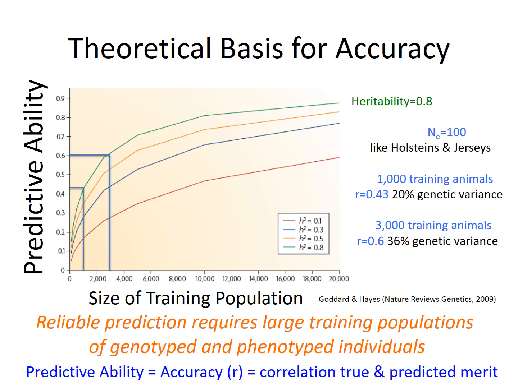The theoretical basis for accuracy using this methodology has been developed, and one of the early papers doing that by Mike Goddard and Ben Hayes, published in 2009, showed how many individuals we needed in what they called the training population. So that's how many individuals they needed when they did the regression of breeding value on number of copies of the SNP allele to get a certain level of accuracy.